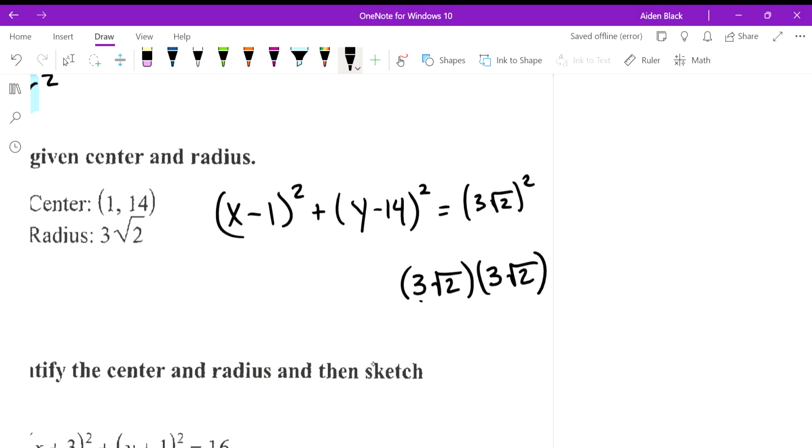Now naturally, since these numbers are next to each other, they're being multiplied. So this is 3 times root 2, and this is 3 times root 2. But here I can just multiply 3 and 3 to get 9, and then root 2 and root 2 to get root 4, which is just 2. So my radius here is actually 18.